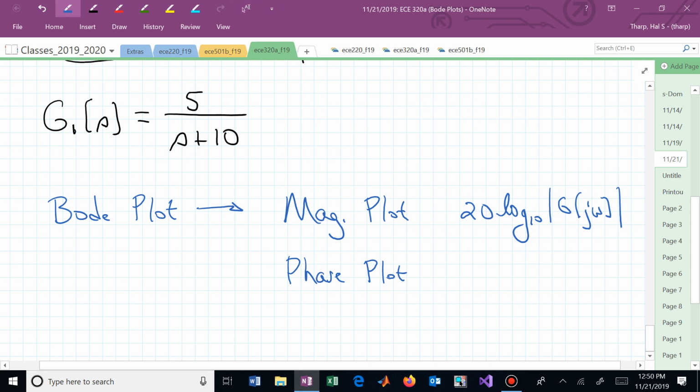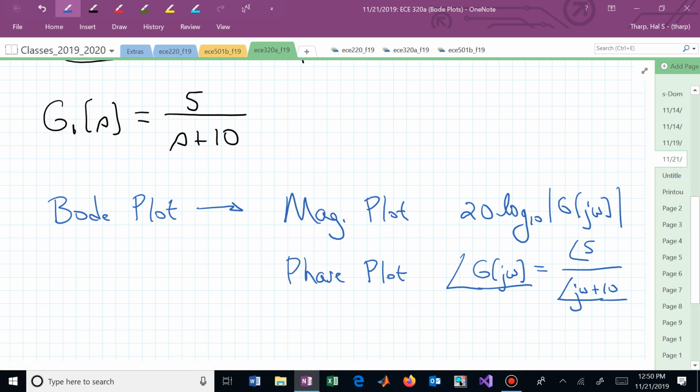The phase is just the angle of all the different pieces. In this particular case, we're looking at the angle of the real number 5 and the angle of j omega plus 10 as omega varies from the origin, 0, up to infinity as we walk up along the imaginary axis.